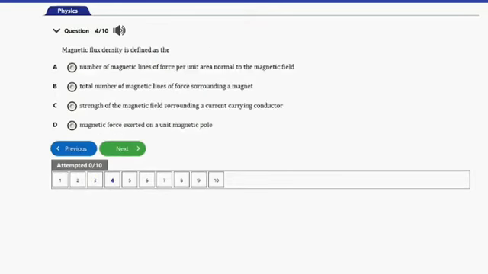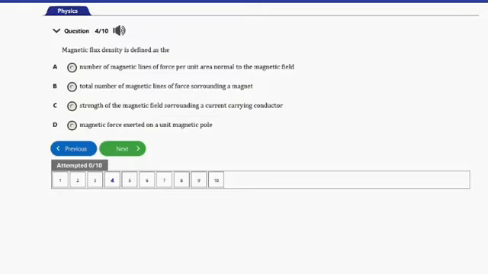It says, magnetic flux density is defined as the A, number of magnetic lines of force per unit area normal to the magnetic field. B, total number of magnetic lines of force surrounding a magnet. C, strength of the magnetic field surrounding a current carrying conductor.